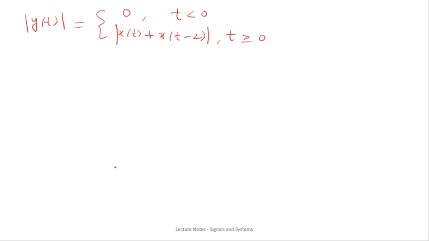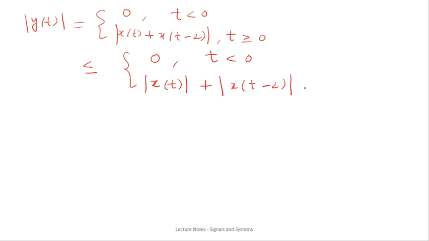Okay, so this whole thing is either less than or equal to, with t less than 0 and t greater than 0 taken separately, magnitude taken separately now.